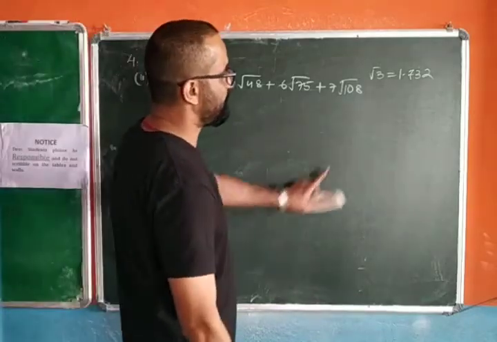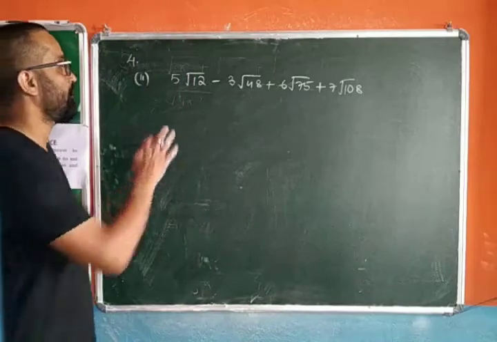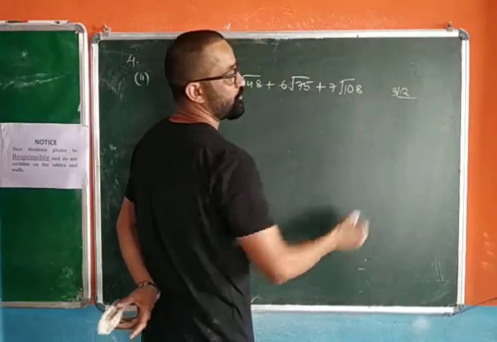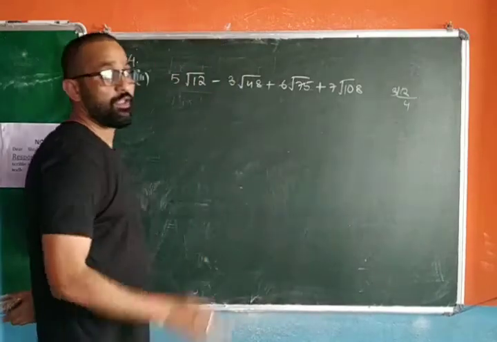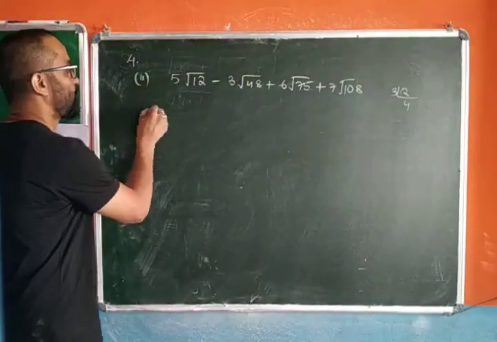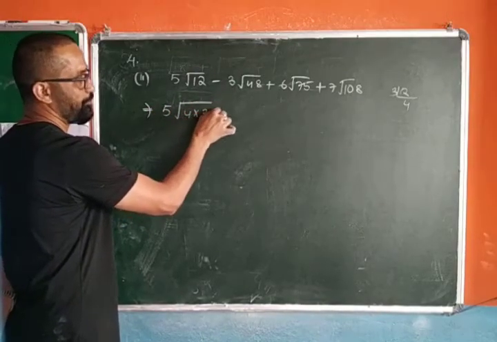I'll tell you one simple step. We are given the value of root 3, which means one factor has to be 3. So you write 12 and divide by 3; 3 fours are 12. And you are getting a perfect square number over there, 4. So we can write this one as root 4 into 3.